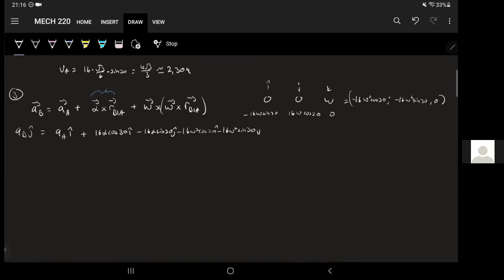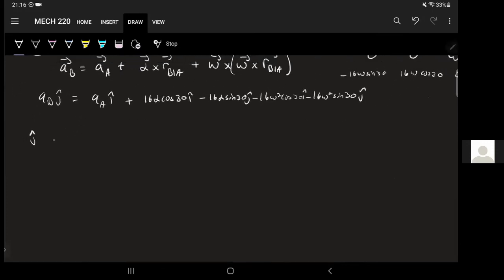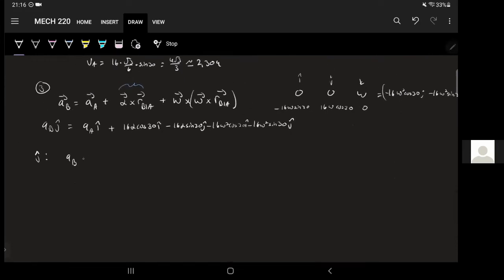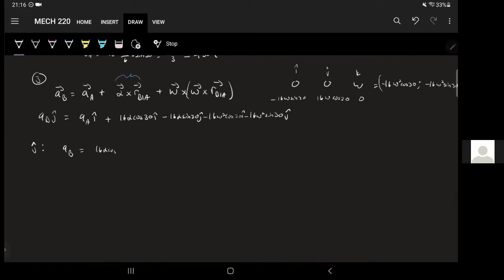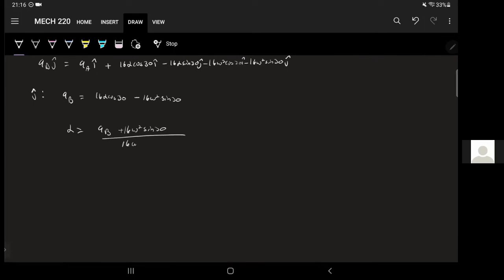This is I, this is J, right? And then again, we do the same thing. So we do it for the J hats. We know that acceleration of B is going to be equal to 16 alpha cos 30 minus 16 omega squared sine 30. And therefore alpha is just going to be AB plus 16 omega squared sine 30 divided by 16 cos 30.